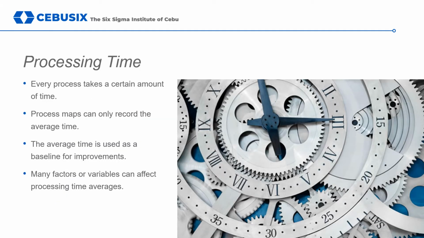All processes take a certain amount of time, and processing time can change with a variety of factors. Process maps and documents can only record information such as the average time a process takes, or measures of variation in the process time. This information is often noted in such documents because it provides valuable information to teams, but real-time observation of a process almost always provides better information about processing time.